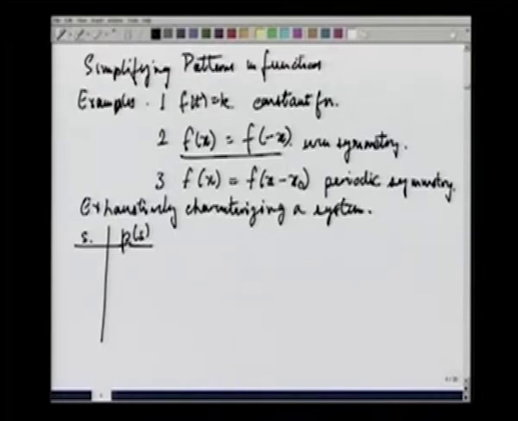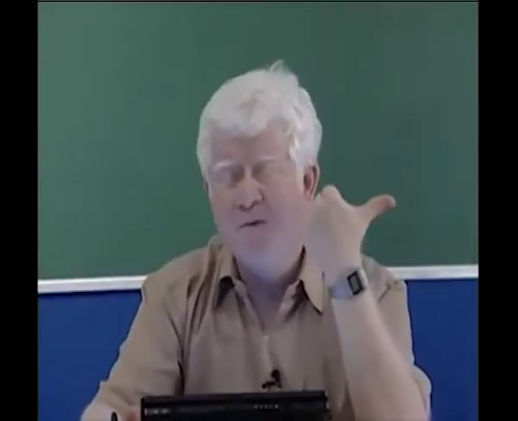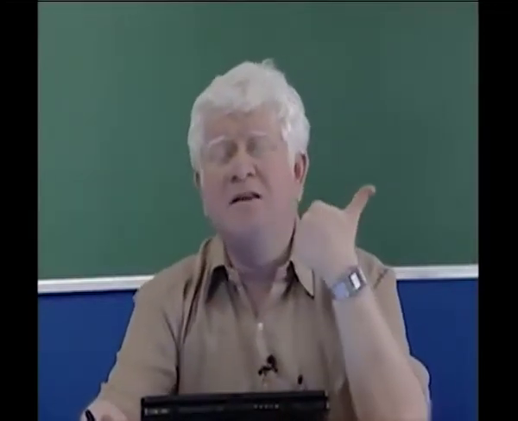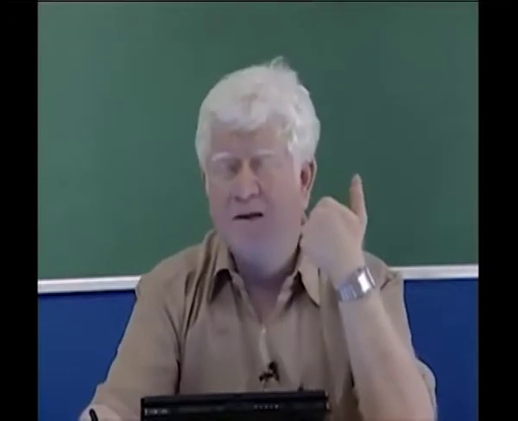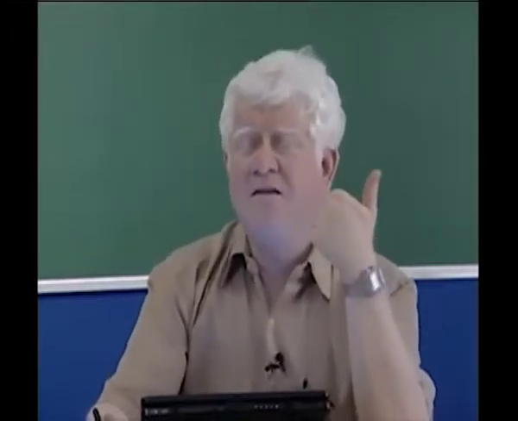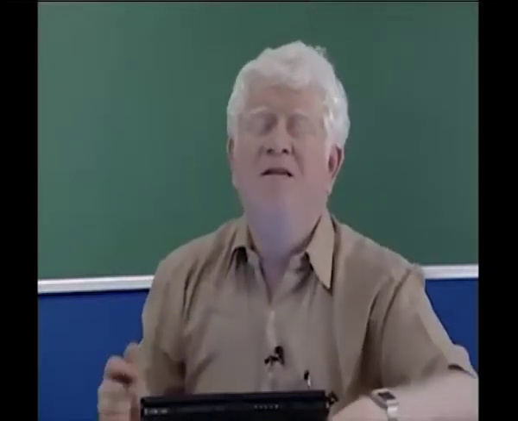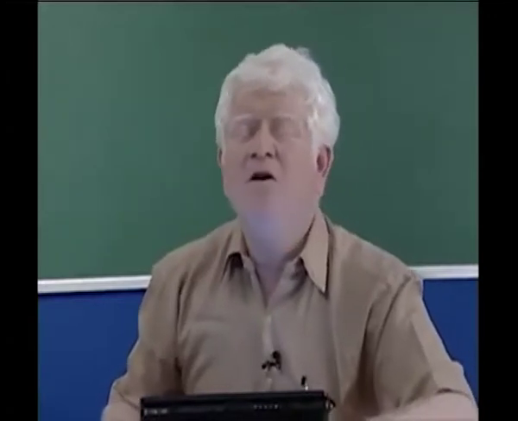So, you could say P of S equals a constant. Okay, that has a very, very nice simplifying pattern. There could be other simplifying patterns that a system can have. Linearity itself is an example of a simplifying pattern of behavior for a system.